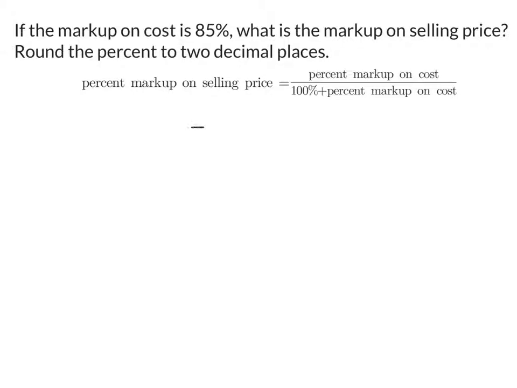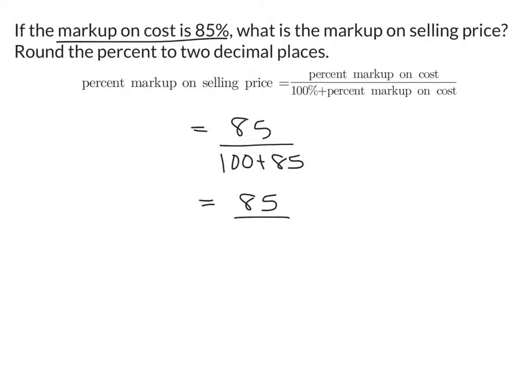For this, we'll just plug in the values that are given to us. So we're told that the percent markup on cost is 85%. So we have 85 divided by 100 plus 85, which gives us 85 divided by 185.